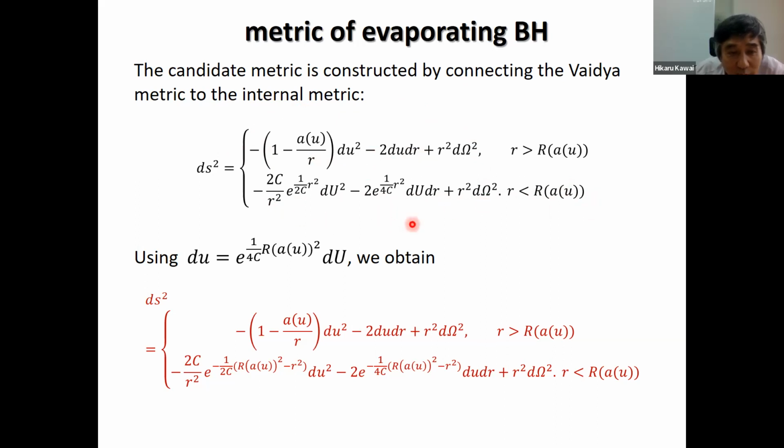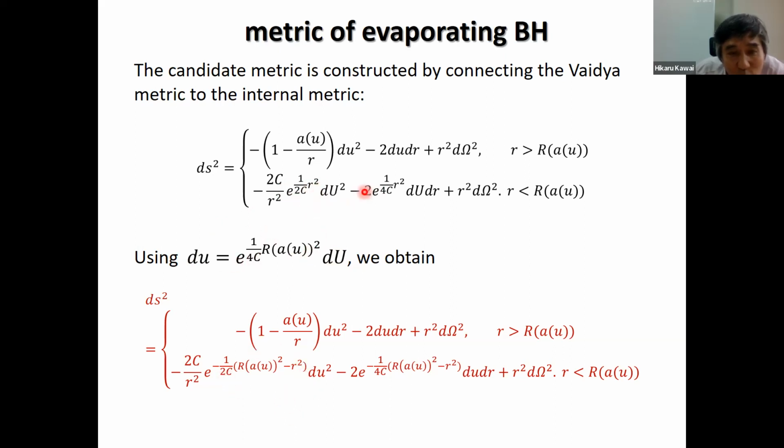Capital U is the right coordinate at r equals 0. So I want to change this to this coordinate, small u. Small u is the right coordinate at infinity.